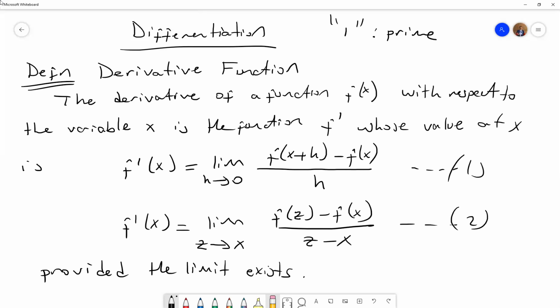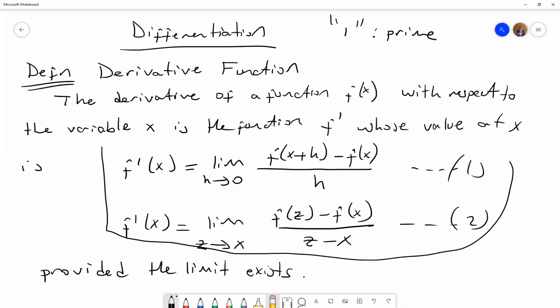So now we have a note. Yes, I have a note for this one. We have two of them here, and we can use these.